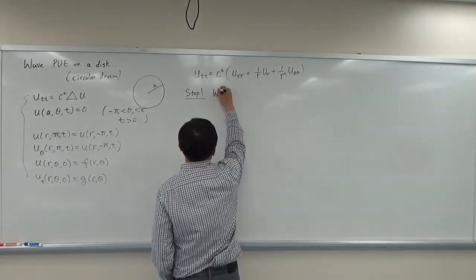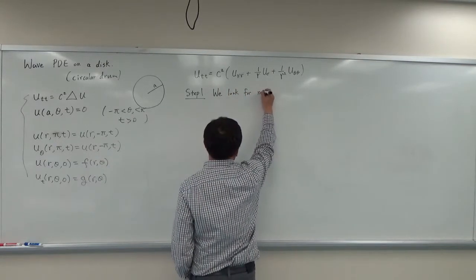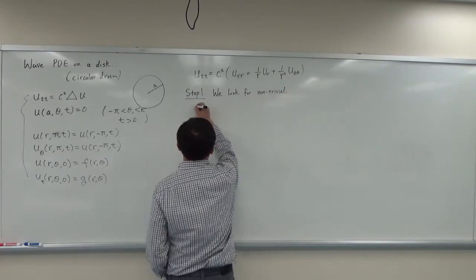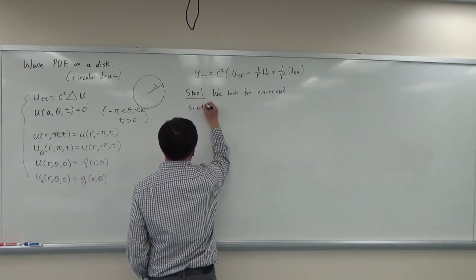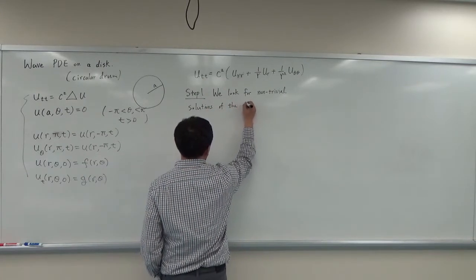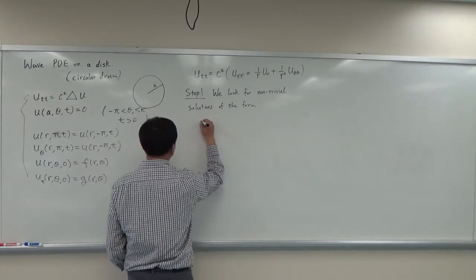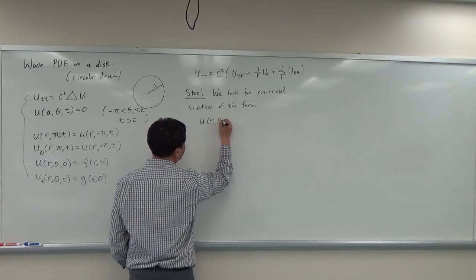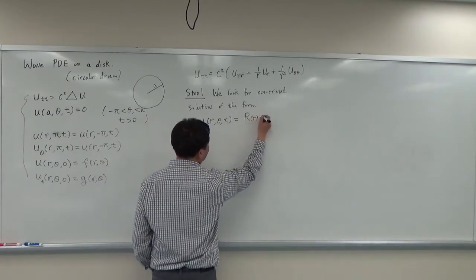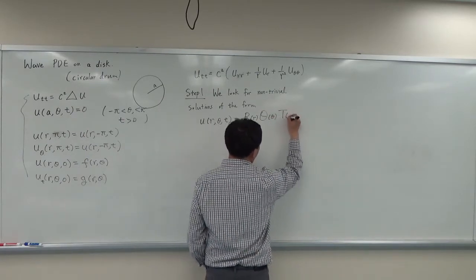So we look for non-trivial solutions of the form u(r, theta, t) as capital R of r, Theta of theta, and then T of t.